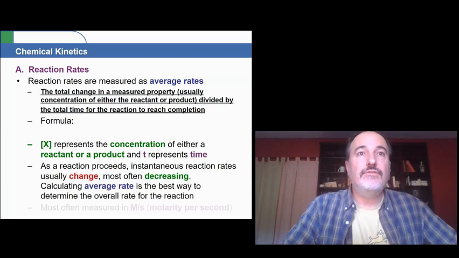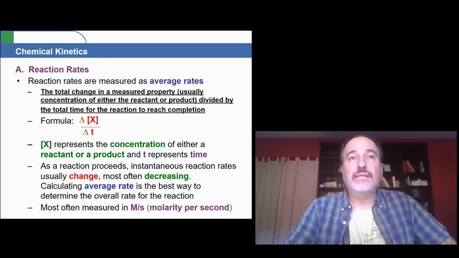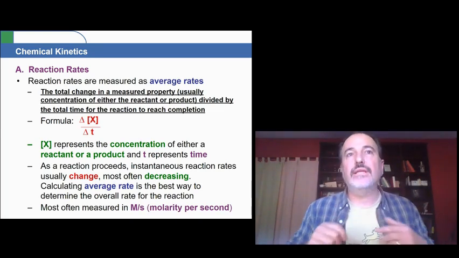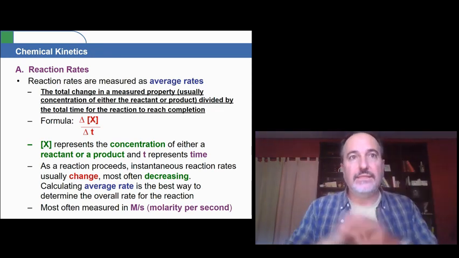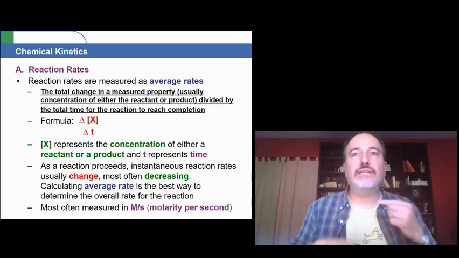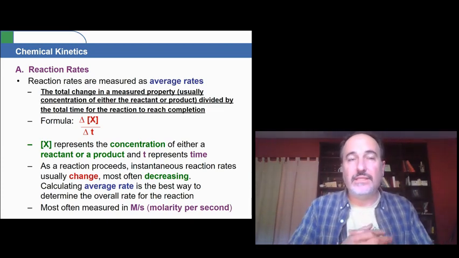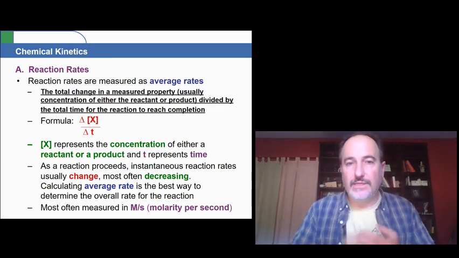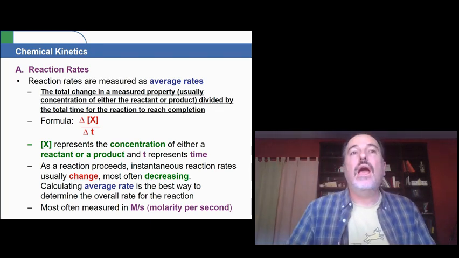All right, so in the formula here, delta represents change, okay? Keep that in mind, that triangle indicates a change in something. And then the brackets around the X represent the concentration of either reactant or product, and T represents time. So as the reaction proceeds, the instantaneous reaction rates usually change, most often decreasing, like I mentioned.